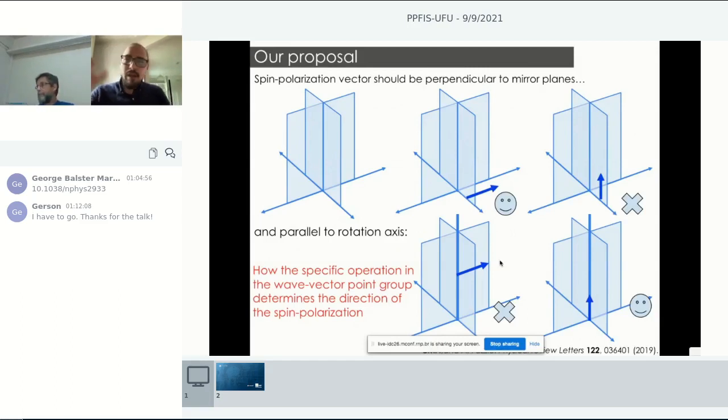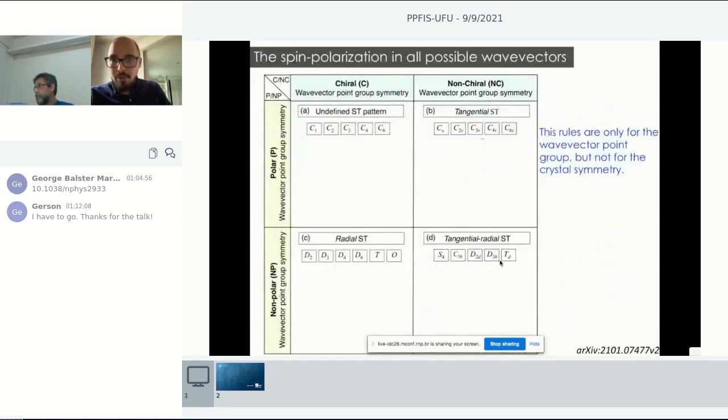Of course, we have a mathematical way to describe that, but I'm not going to use this terminology here so as not to bother you, just to make things more clear, okay? Let's use these two rules, just mirror planes and rotation axes, to construct a whole theory of what we can expect for specific point groups.